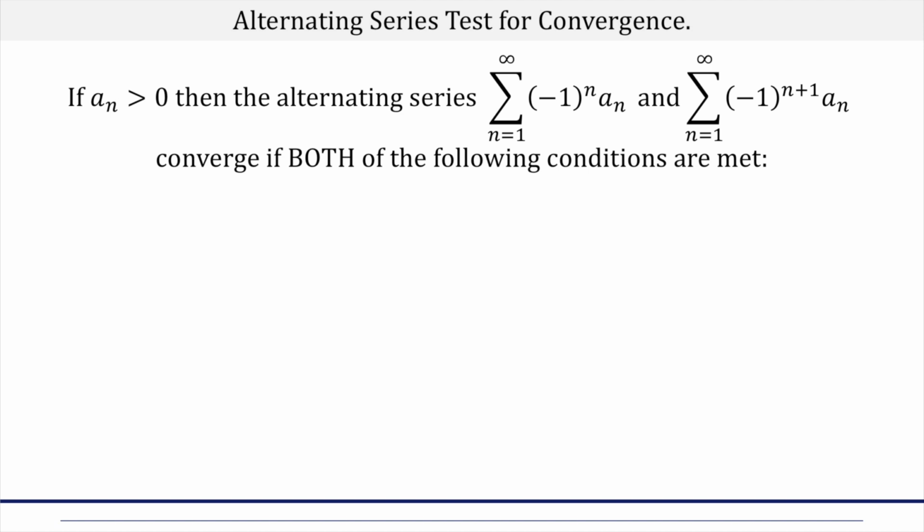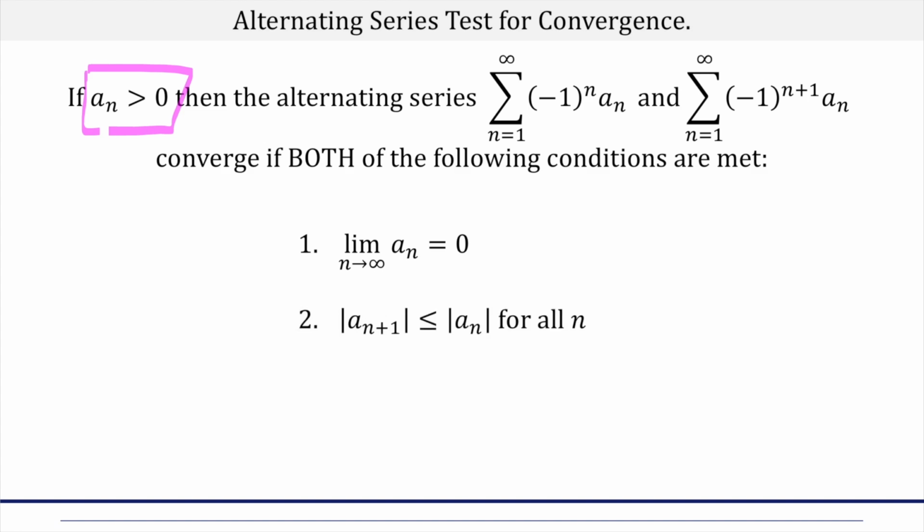So the alternating series test for convergence is this. If a sub n is positive, then the alternating series converges if both of the following conditions are met. 1, the limit as n approaches infinity of a sub n equals 0, which makes sense, otherwise it would diverge by the nth term test.